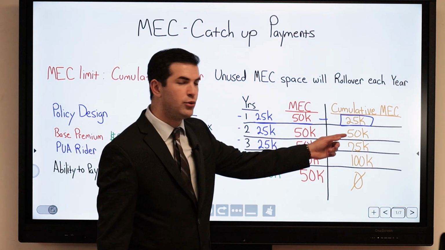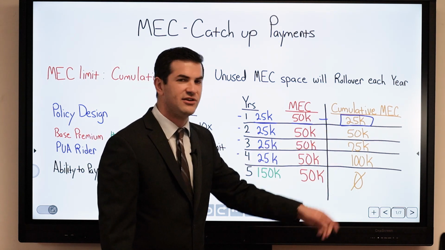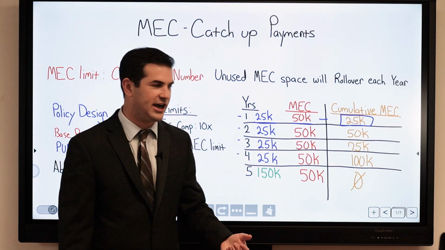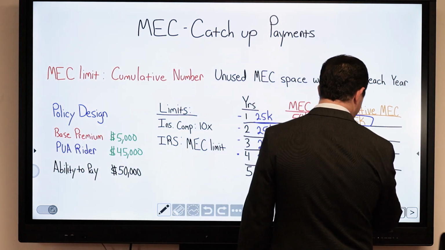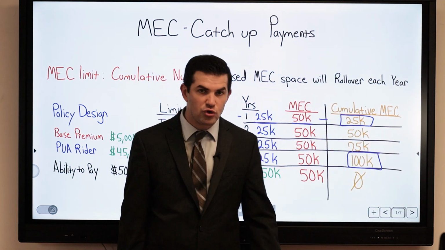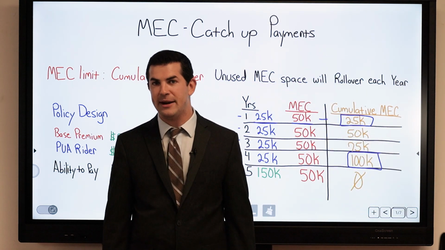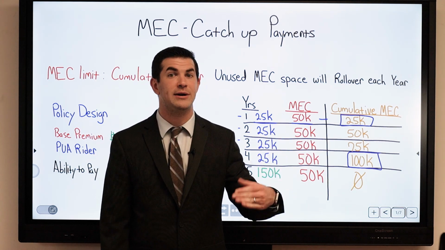Meaning, in year 2, I can make up for lost time and make that payment. As time passes, I can continue to make up for lost time. So for example, by the time I hit year 4, I have the ability to throw in an additional $100,000 in unused MEC space. That was money I could have paid in during the first 4 years, but I did not.